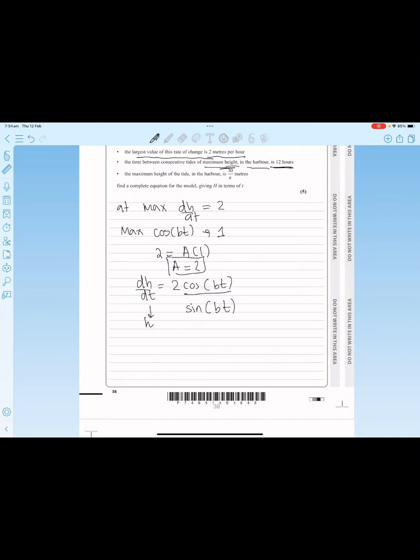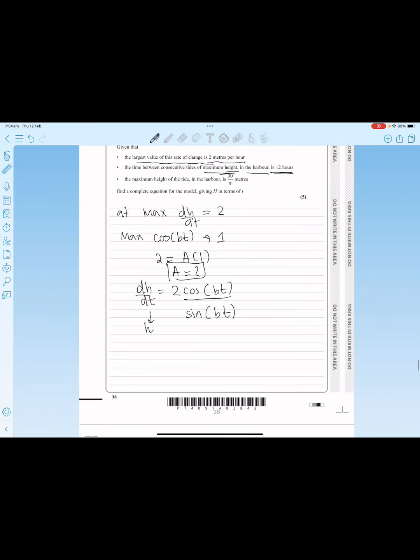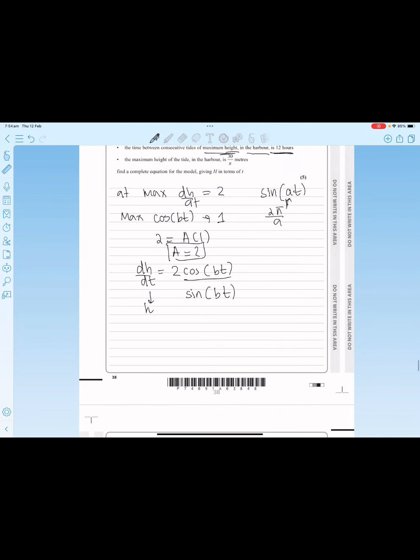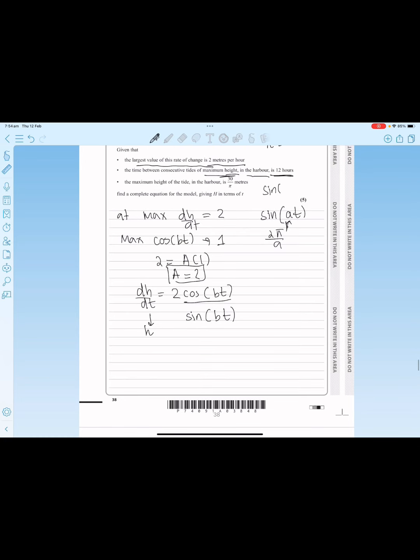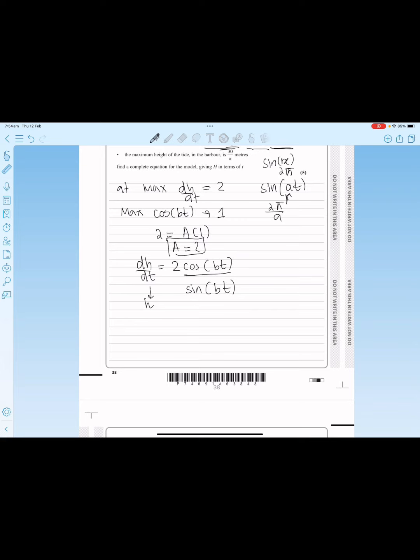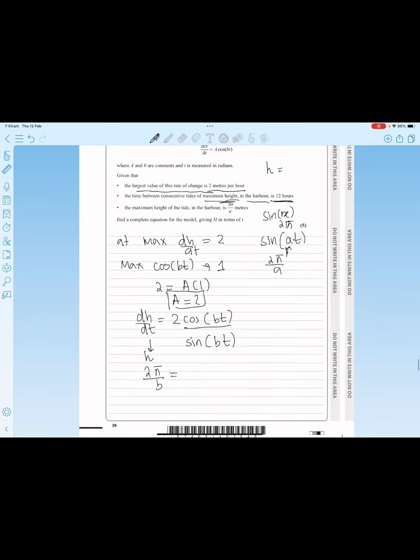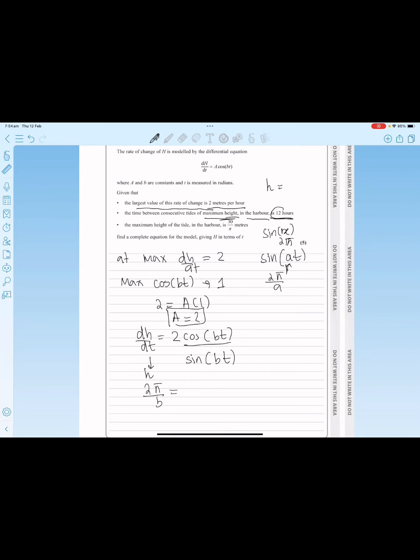Now, what is an important fact to know is that for any function, let's say sine at, the period of that function is 2 pi over a. It's just 2 pi over whatever the multiple it's being multiplied by. So for example, normal function sine x, your a is essentially just 1, right? So your period is just 2 pi. So in this case, it's sine bt, so therefore 2 pi over b, and we're given in the question that the time between maximum heights in the harbor is 12 hours.